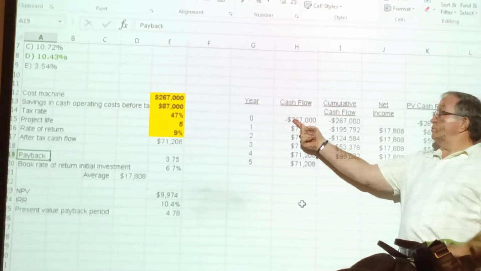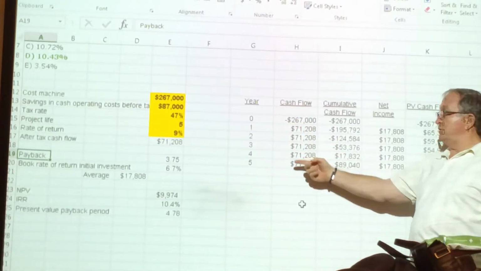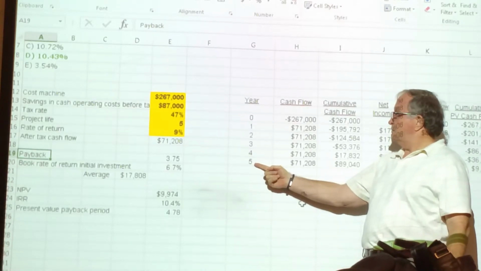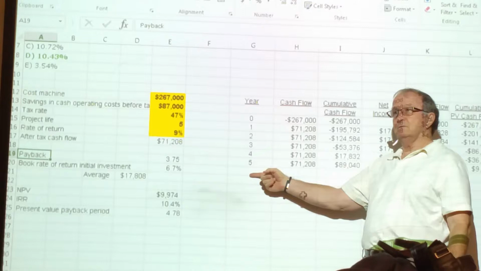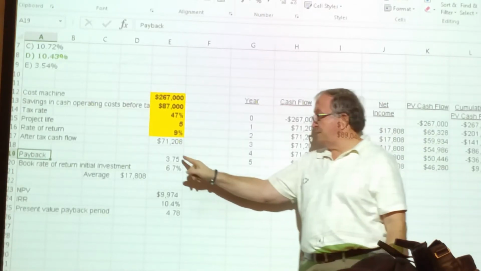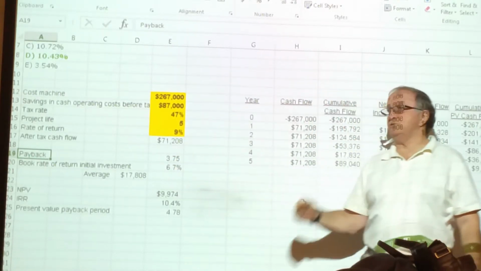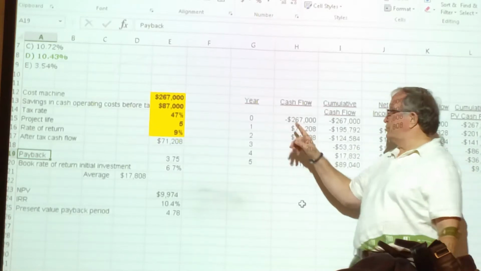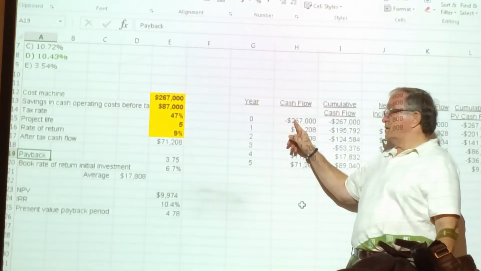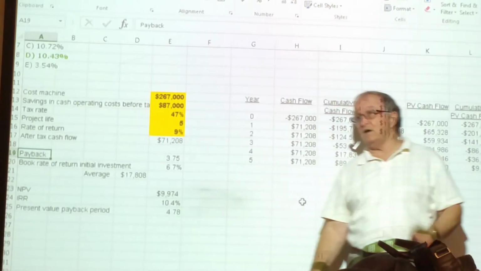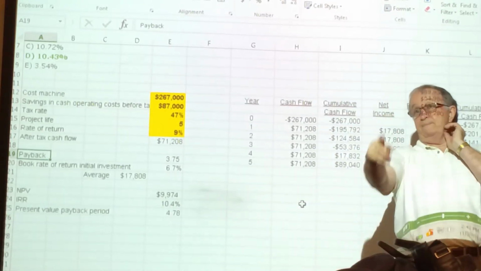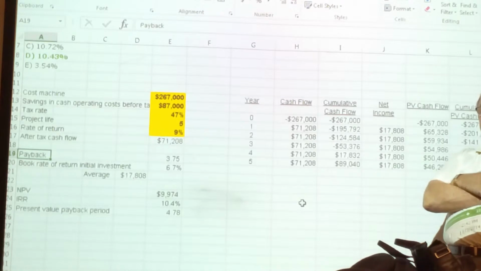Okay, he said the initial cost of the investment over the life of the project. That divided by 5. Will that give me that? That's what you told me. That will give me 3.75. Is it initial divided by the cash flow per year?